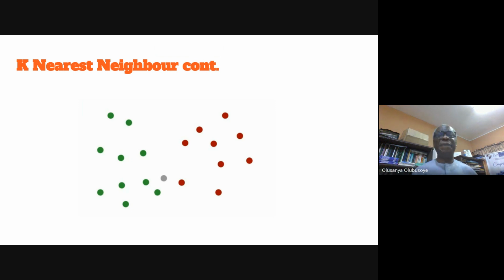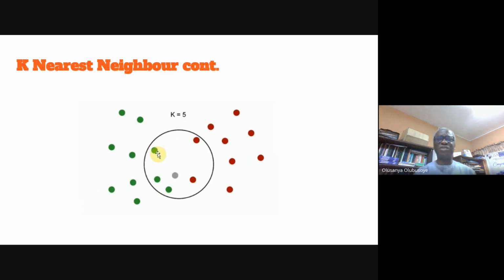But first of all, we need to decide the neighbors. And that's why we will start with the word K. So the K there helps us to define the neighbors. And that's what we try to do here.